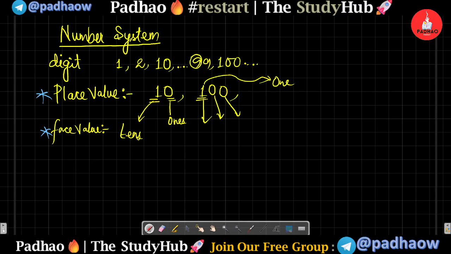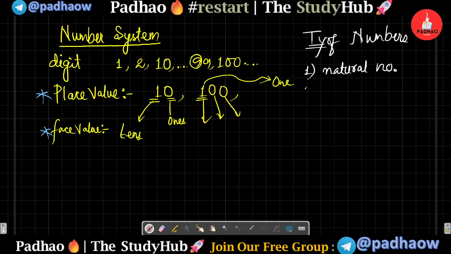Next, let us study the types of numbers. We'll learn about natural numbers, then whole numbers, then integers. Natural numbers start from 1 and go till infinity.